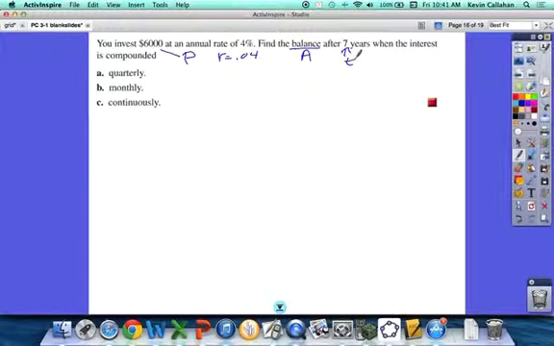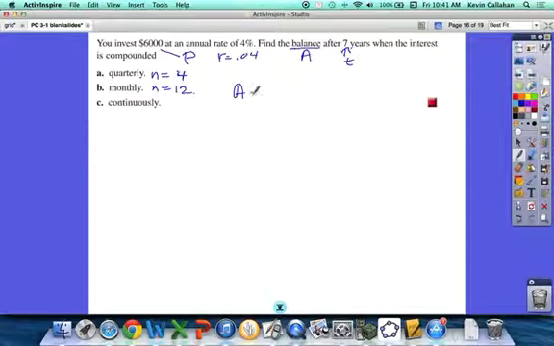Okay, and so we're going to do this 3 times, right? Well, we're going to do it 2 times before we get to the last one, which we change formulas. But for the first one, N equals quarterly, 4. And for the second one, N equals 12. Okay, so let's do that.